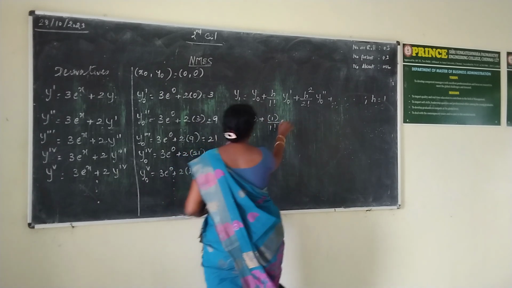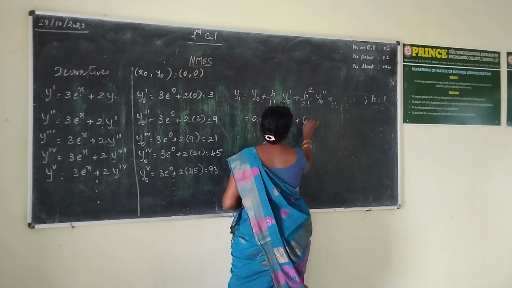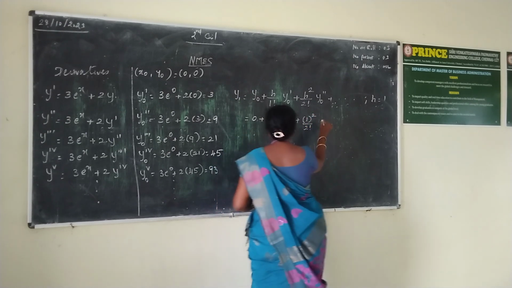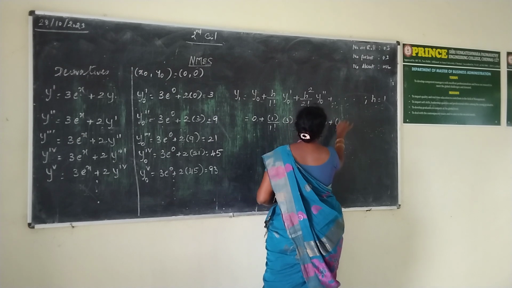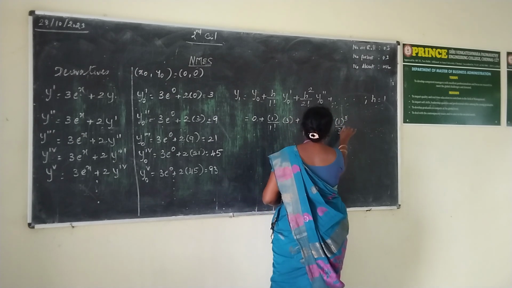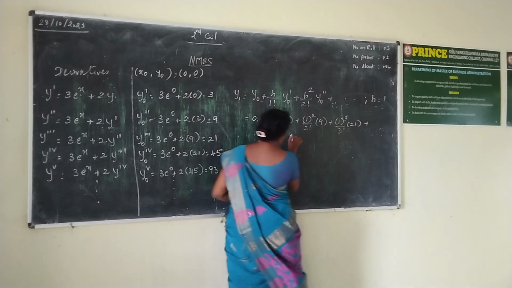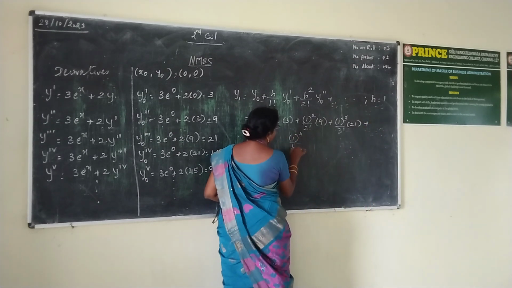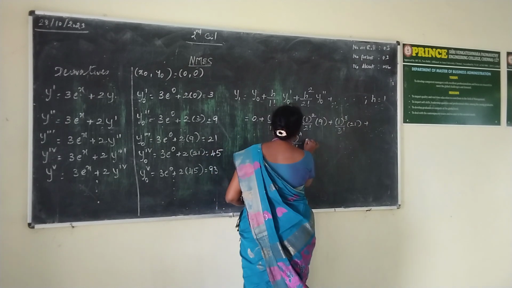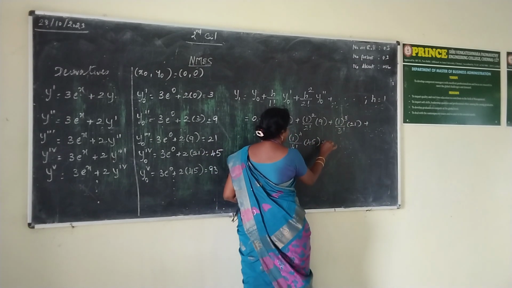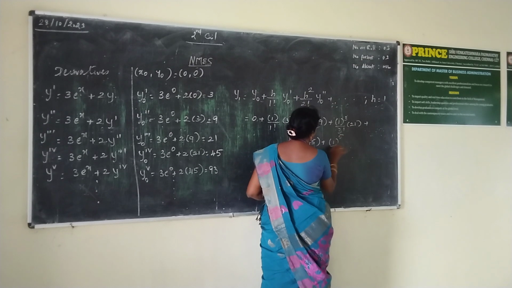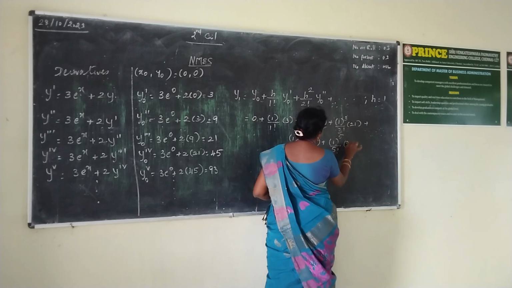y0 dash value is 3 plus 1 square by 2 factorial into y0 double dash, which is 9, plus 1 cube by 3 factorial into triple dash value, which is 21, plus 1 power 4 by 4 factorial into fourth derivative value, which is 45, plus 1 power 5 by 5 factorial into 93.